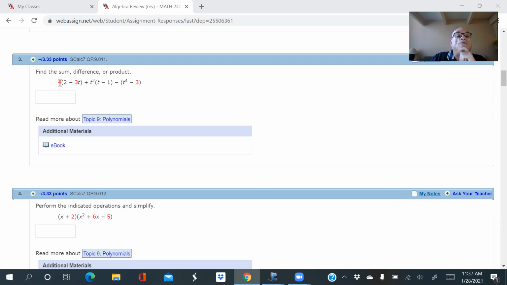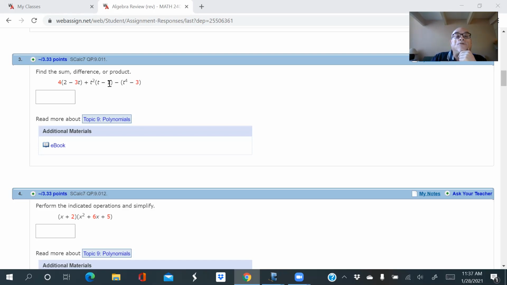Here you would take the 4 and multiply it by the 2 minus 3t. Be sure you distribute it: 4 times 2 and 4 times minus 3t as well. Same thing in the second term: you take the t squared and multiply it by the t and the minus 1.